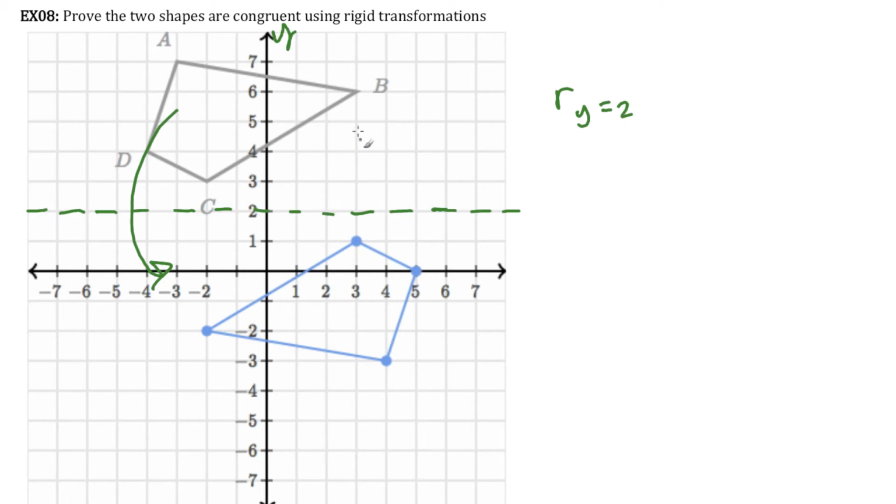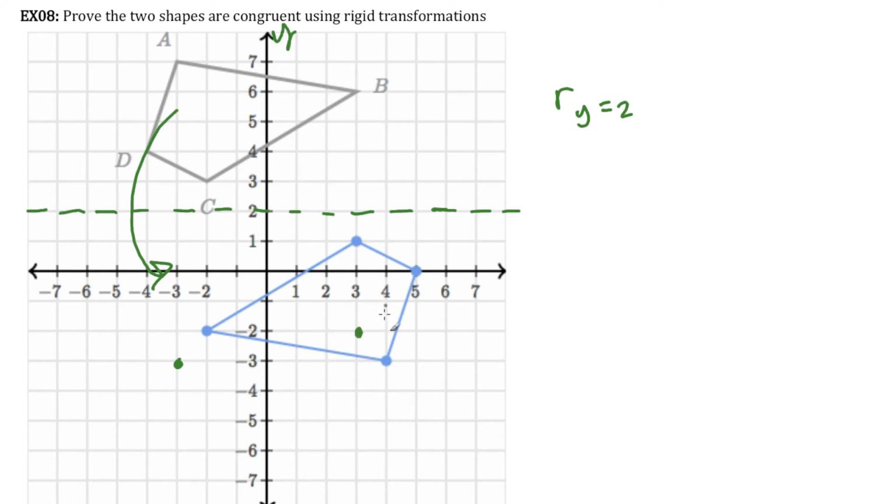Okay, if that's the case, then 1, 2, 3, 4. 1, 2, 3, 4. 1, 2, 3, 4, 5.